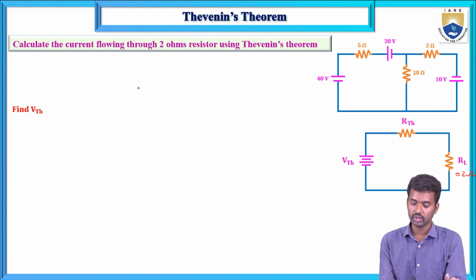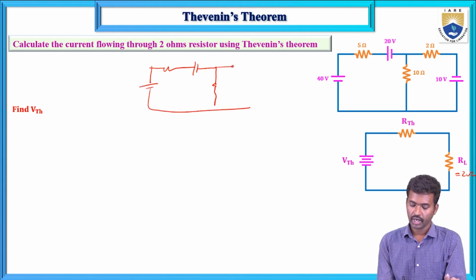The sources here are 10 volts, 10 ohms with 20 volts, and 5 ohms with 40 volts.